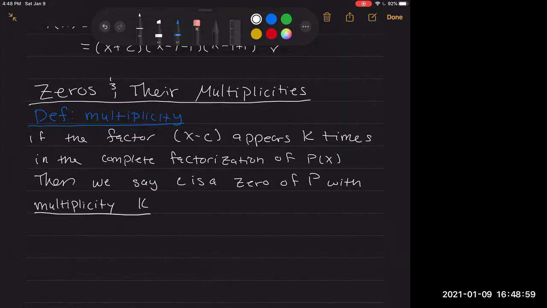So multiplicity really is just a fancy way of saying that this 0 appears this many times.